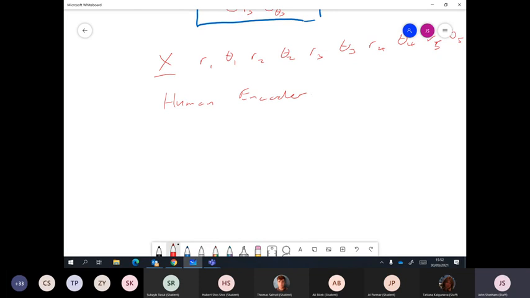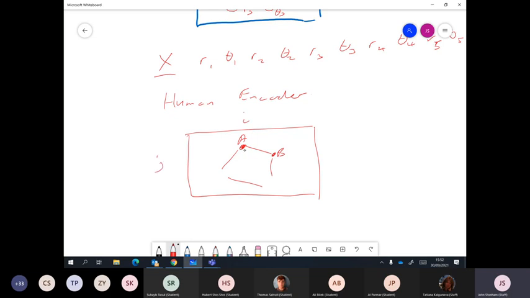Somebody operating on a screen, the image is placed in front of them. Call that point A, call that point B. Click on point A and click on point B. That will give you the coordinates. Normally for images it's IJ.